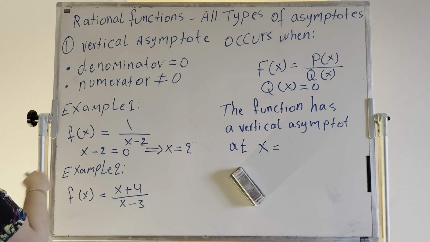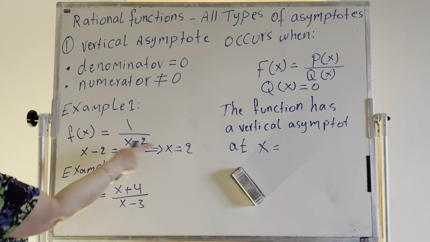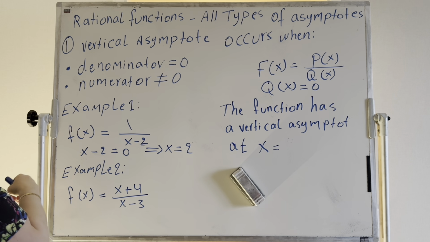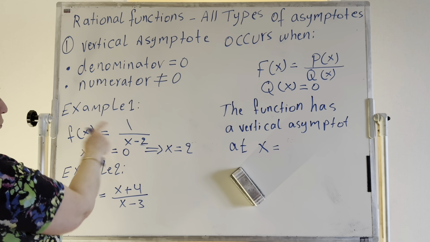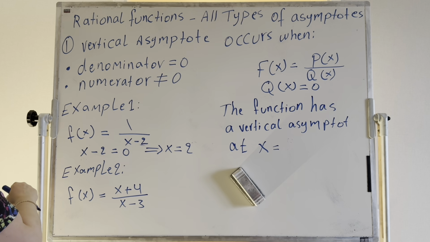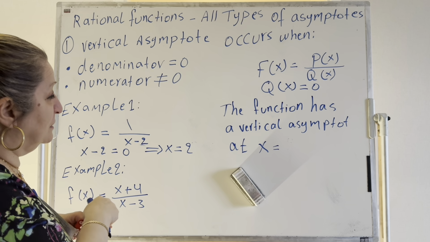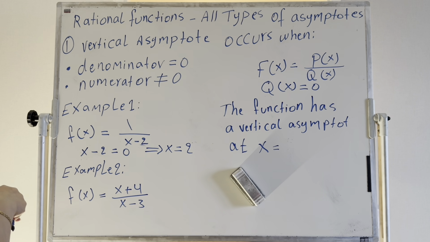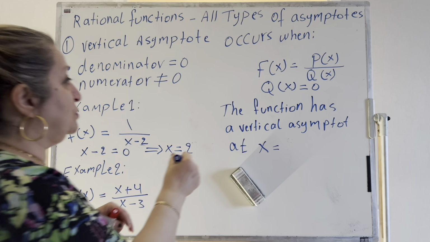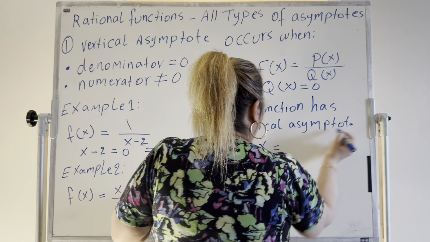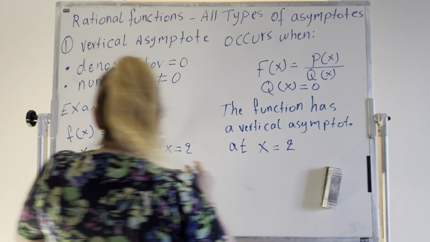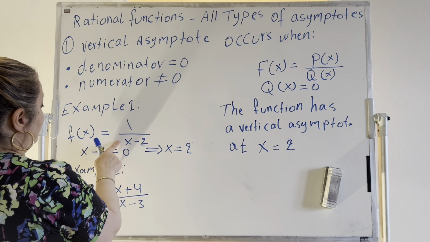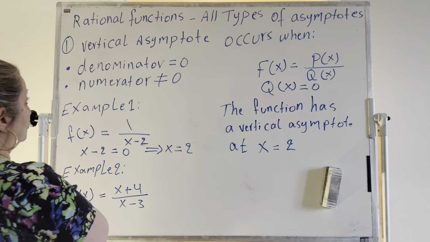The numerator is not 0, but the denominator will be 0. Then I will find the function has a vertical asymptote when x equals 2.